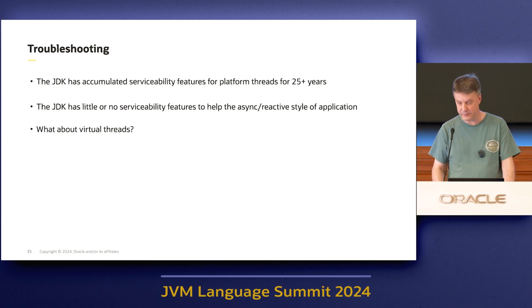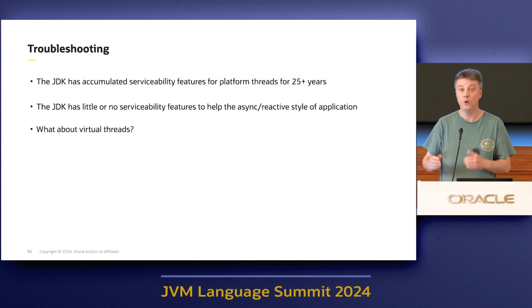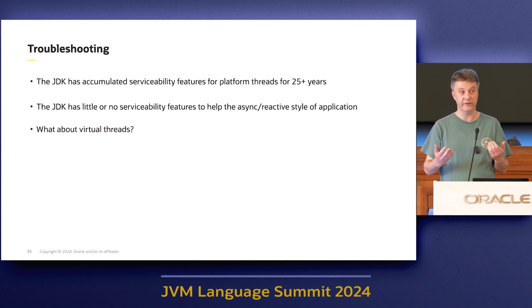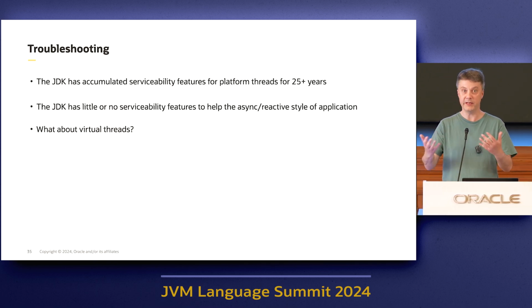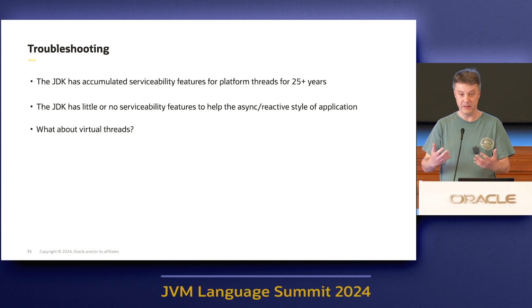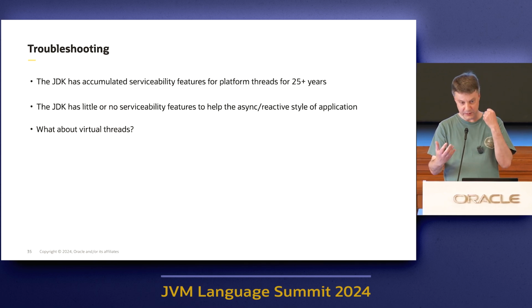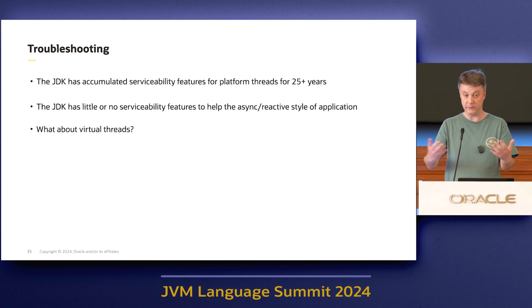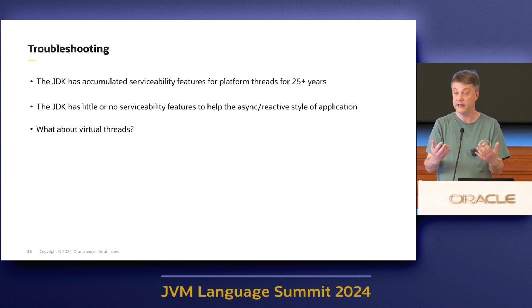Well, maybe, we'll see. One of the things I like to think about with virtual threads and diagnosability is, what are we competing with here? Virtual threads aren't necessarily competing with platform threads, because it would be silly to just replace platform threads with virtual threads.